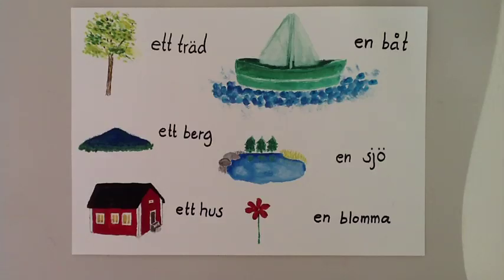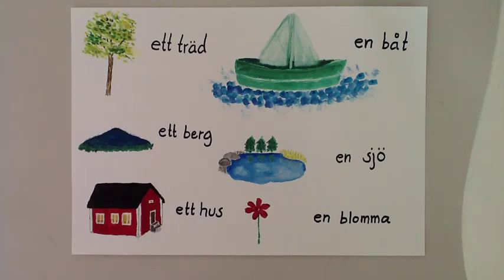In this first picture you can see 6 nouns, and it is of course a tree, ett träd, a mountain, ett berg, a house, ett hus, a boat, en båt, a lake, en sjö, a flower, en blomma. And as you perhaps remember from my first video, we divide our nouns in 2 genders, the common and neuter, and they have different articles.